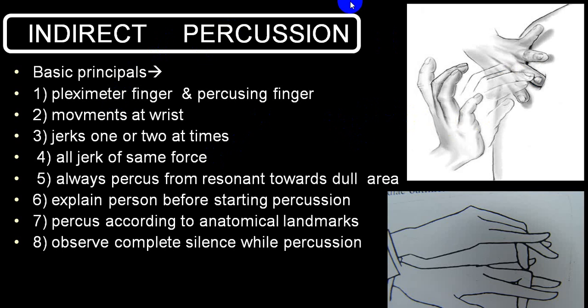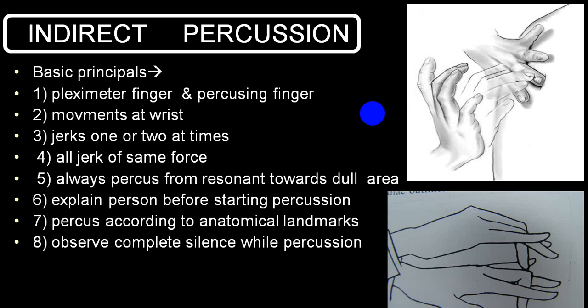Usually we use the left hand, either the index finger or middle finger, and the distal most part of the finger is in close contact. The rest of the hand is away from the chest wall. The finger should be kept in an intercostal space, not on a bony prominence or on a bone.